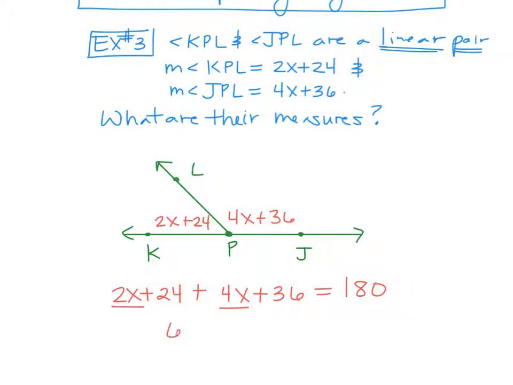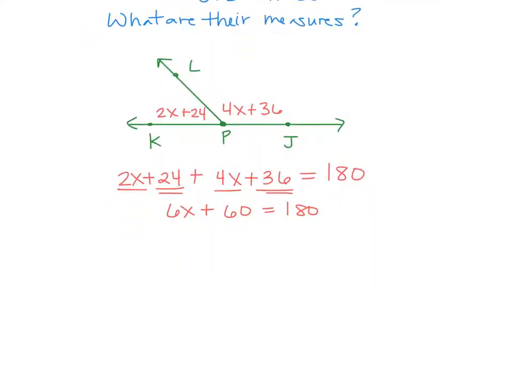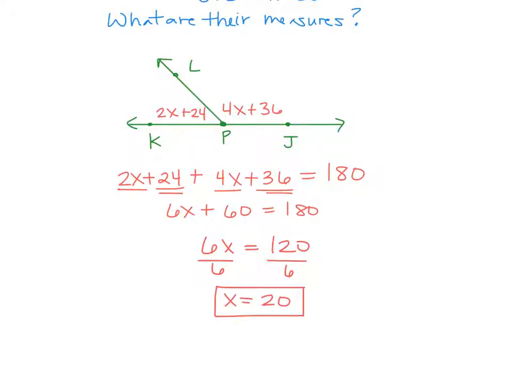So 2x plus 4x is 6x. 24 plus 36 is 60, equals 180. Take away your 60, so you get 6x equals 120, and then divide by 6. You get x equals 20. Okay.